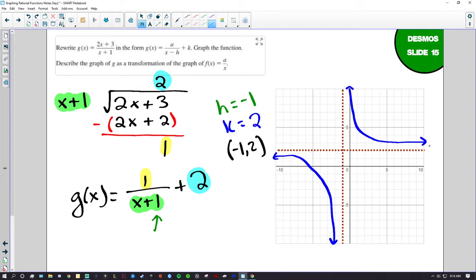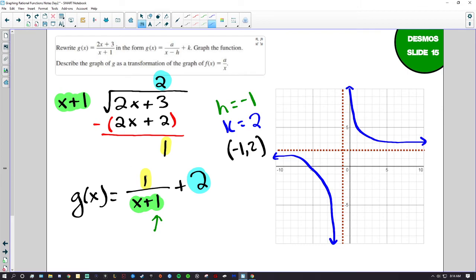And there we go. There's the sketch of our hyperbola. Okay, so this is converting from standard form to transformation form, and we do it using division. So since rational functions are just division, we actually divide 2x plus 3 by x plus 1. We knew it went in 2 times, but we had a remainder of 1.